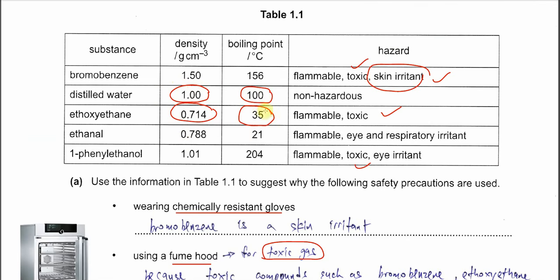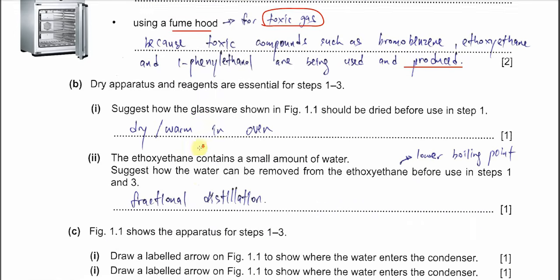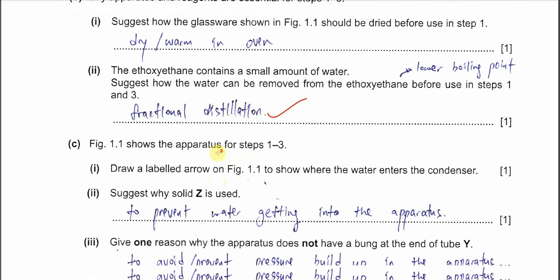So we can easily separate these two using fractional distillation, and the ethoxyethane will be the one that is collected first. Whenever compounds have different boiling points, we can use this technique to separate them.